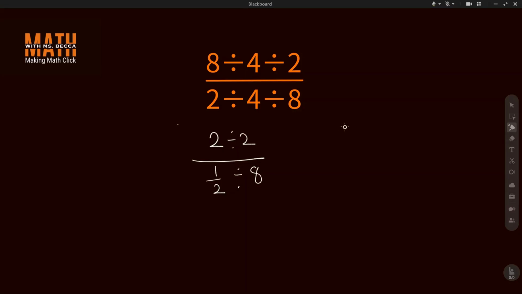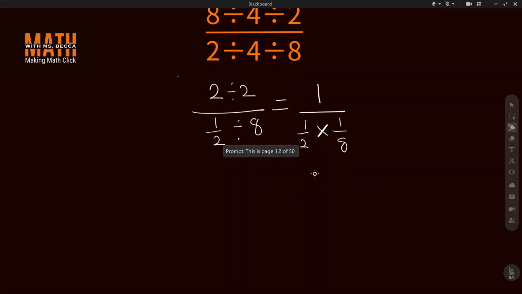Now for the numerator, we have 2 divided by 2, and that will be 1 over, now we have 1 over 2 divided by, let's turn this division into multiplication to make it easier to solve, so that we'll be having times, divided by 8 will be the same thing as times 1 over 8. So that means we'll be having 1 over 1 times 1 is 1, and 2 times 8 is 16.